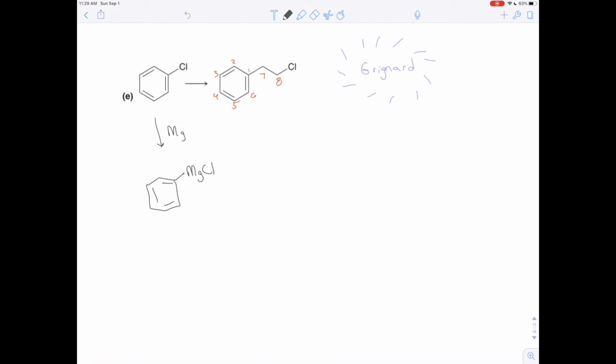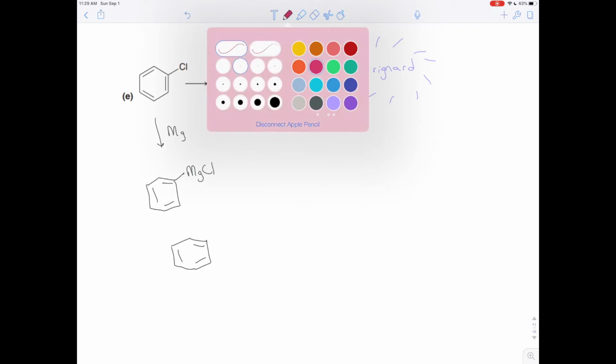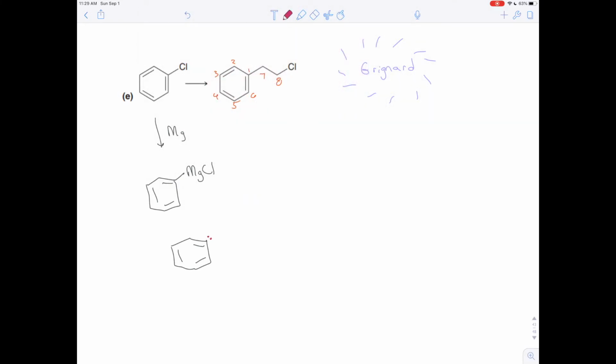Okay, and that really is going to function like a nucleophile here, because the magnesium has such low electronegativity that it basically gives its electrons away, and the carbon gets both of them. The magnesium and the chlorine would be floating around in the beaker doing their own thing.